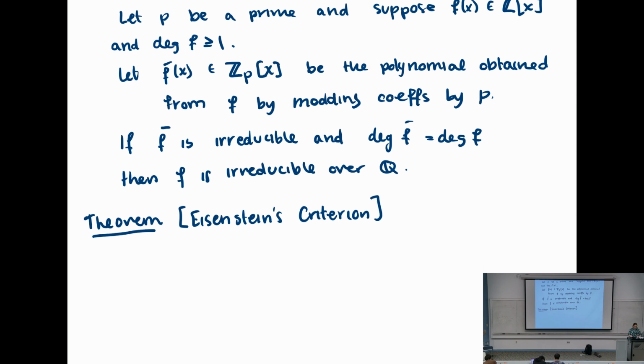And it says the following. We'll let f of x be a_n x to the n, and so on up to a_1 x plus a_0. And we're going to assume that this has integer coefficients as well.